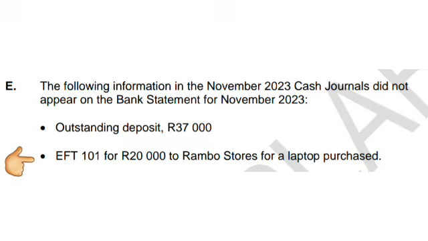This amount was already included in that provisional total that we saw. So the cash journals with these two amounts are absolutely correct. There is no need for us to adjust these amounts in our cash journals.